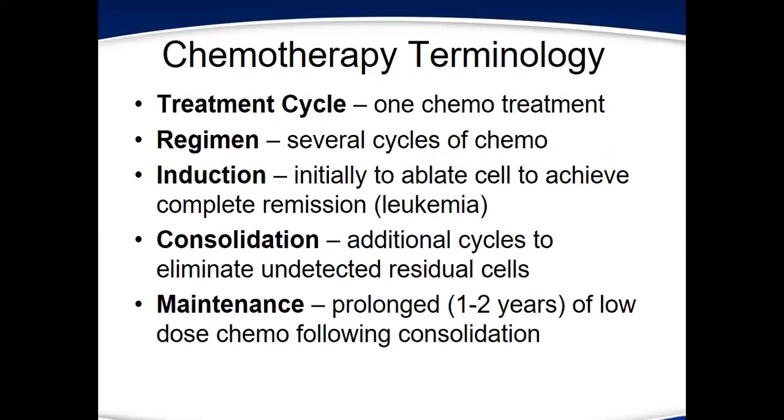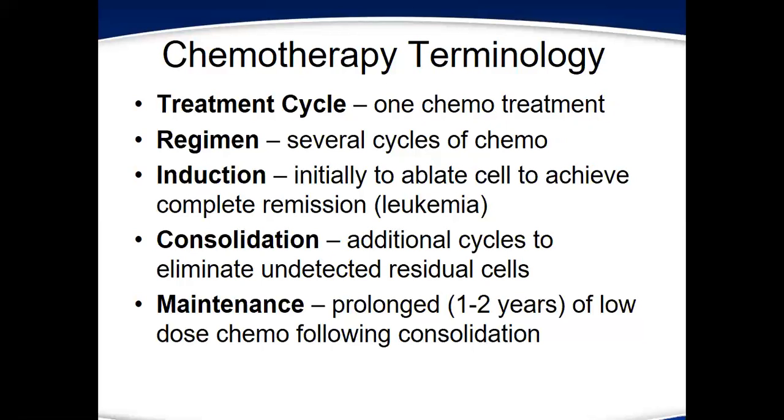Then there's consolidation chemotherapy, which is additional cycles given to eliminate undetected residual cells to prevent early relapse, okay? It is usually less intense and may be different chemotherapy than a patient received in induction therapy.